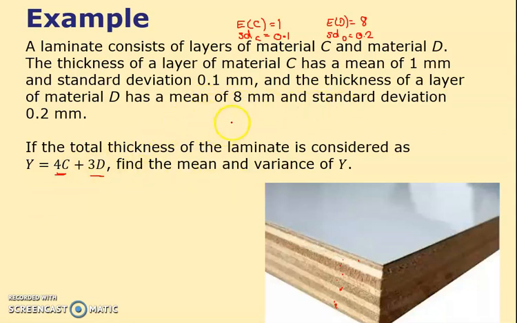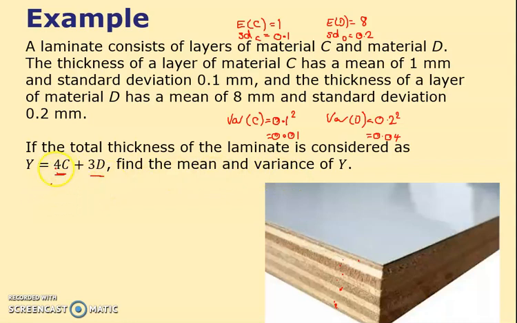Well, first of all, I suppose I should write down the variance of C is, it's always the square of this over here, and that's 0.01. And the variance of D equals 0.2 squared, which is 0.04. And this then becomes the mean and the variance of this.